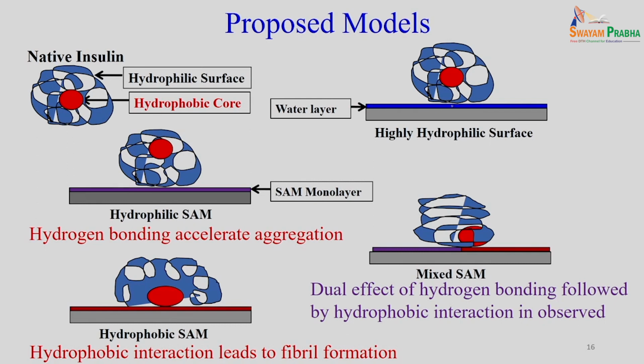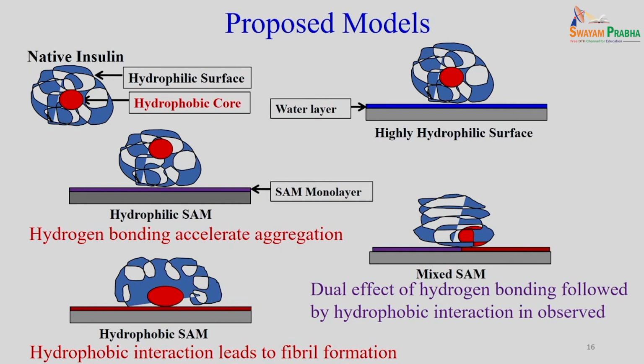There, because it is highly hydrophilic, there is a formation of a water layer between the protein and the surface, which interferes with the surface protein interactions. In that case there is the least amount of adsorbed protein, or you can say the aggregation process was delayed for this particular surface.